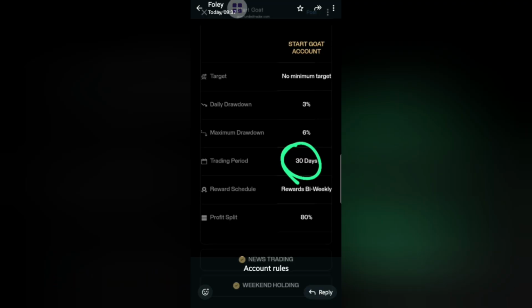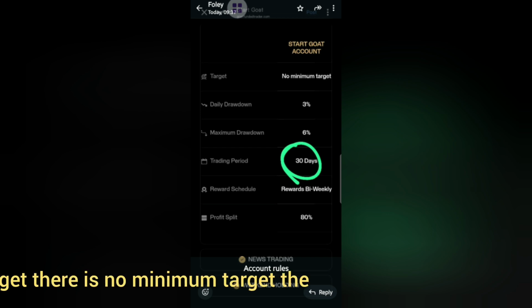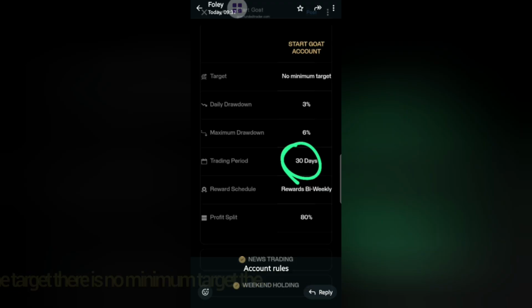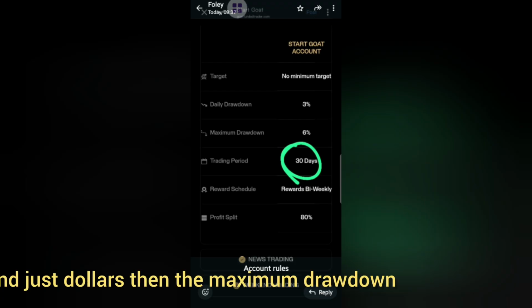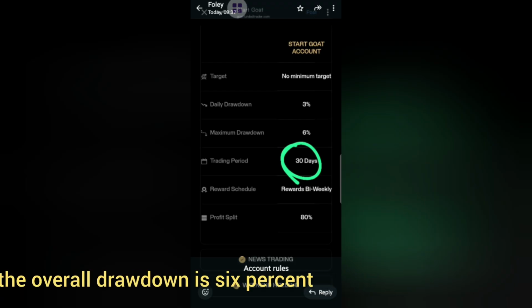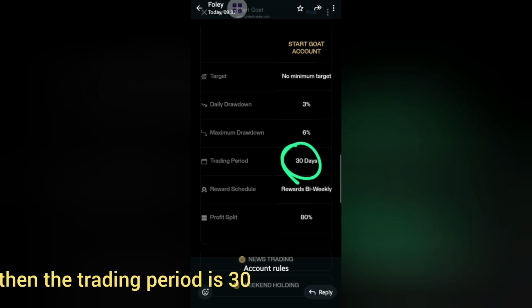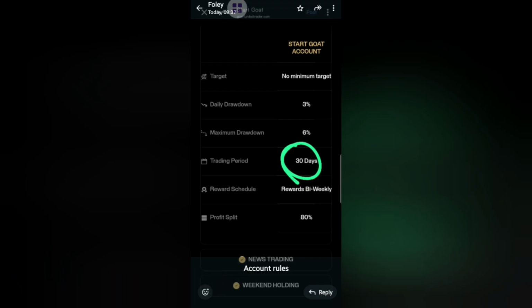So here we have the trading rules. The target, there is no minimum target. The daily drawdown is 3% of 1,000 US dollars. Then the maximum drawdown, that is the overall drawdown, is 6%. Then the trading period is 30 days.